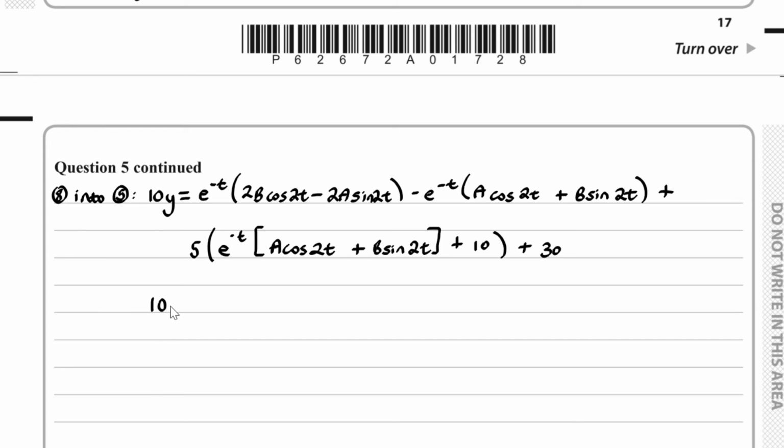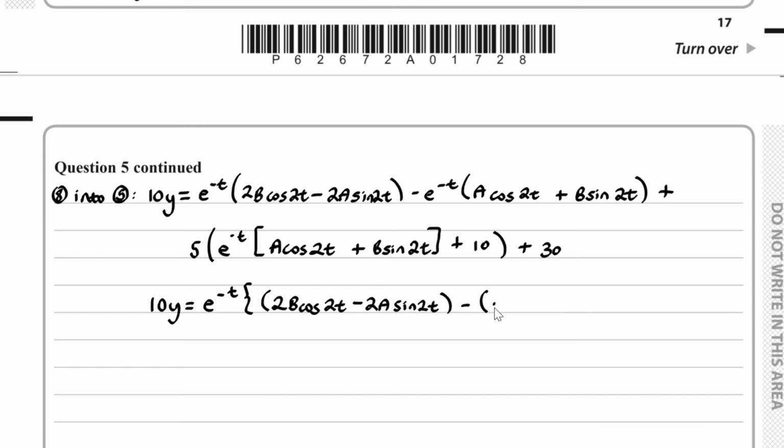So 10y, that's going to equal, well, if I expand this bracket here and take out e to the minus t as a common factor, you can see here we've got e to the minus t lots of 2b cos 2t minus 2a sin 2t, and then we've got minus this result here.